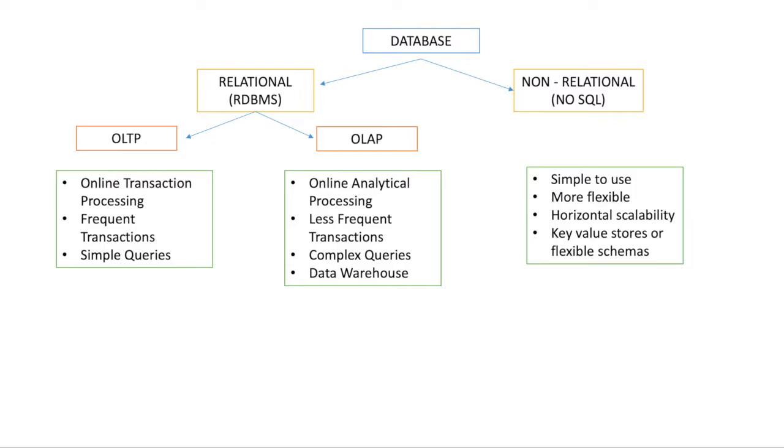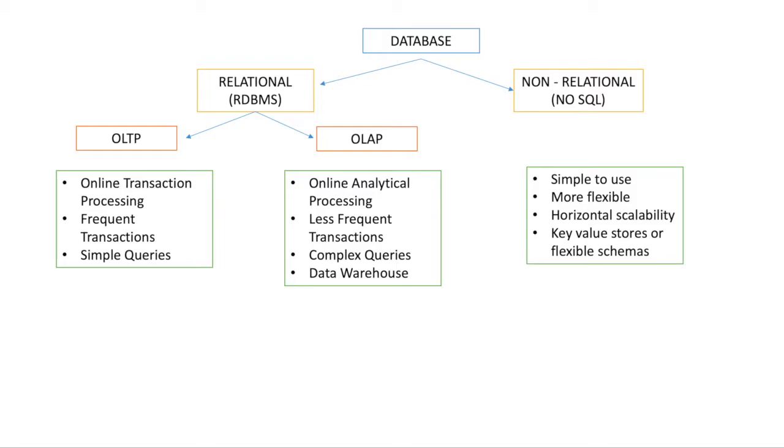When multiple tables need to be joined and we come to some conclusion using that data after analysis, that requires more complicated queries. These are not very frequent transactions. These come mostly under the purview of a data warehouse, which is a consolidated database, with multiple databases consolidated at a particular place. So this is mainly the difference between OLTP, OLAP, and non-relational databases.